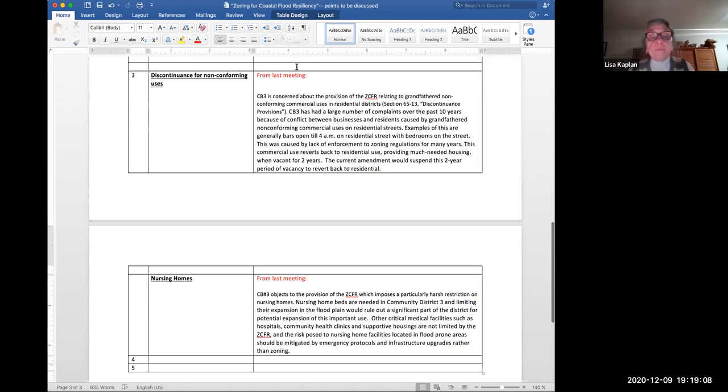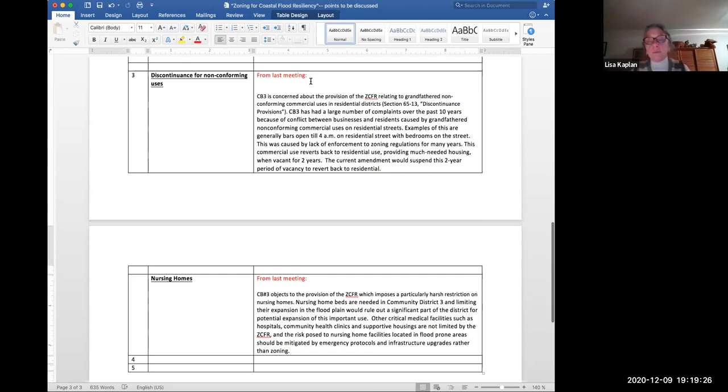The issue comes from the fact that there are so many bars and restaurants grandfathered in residential areas that have been problematic in our community board for a long time.